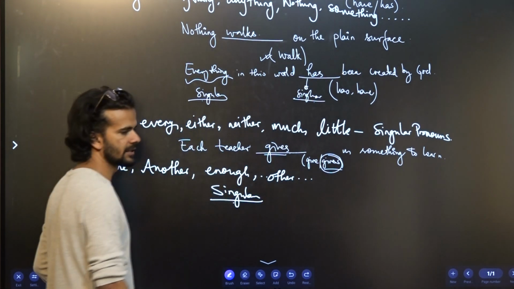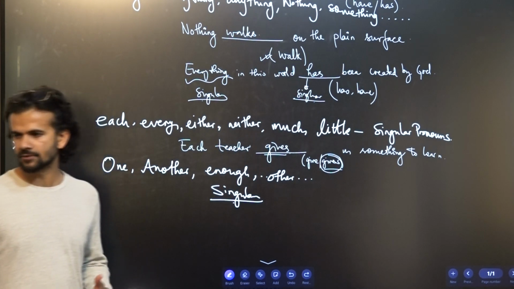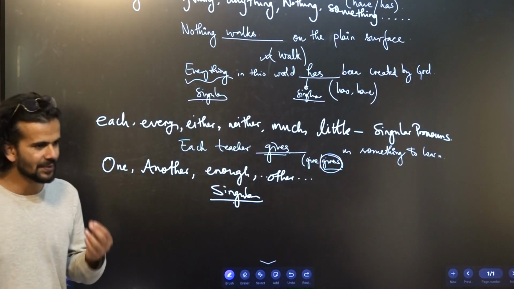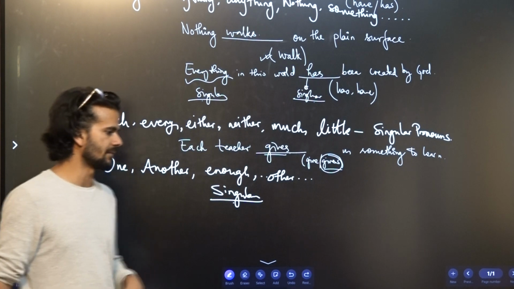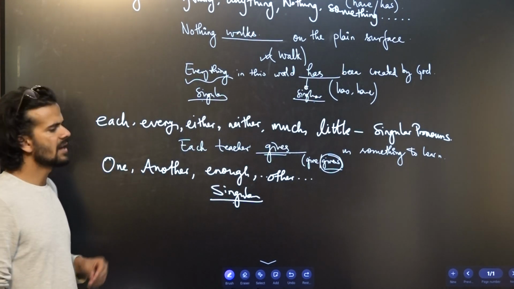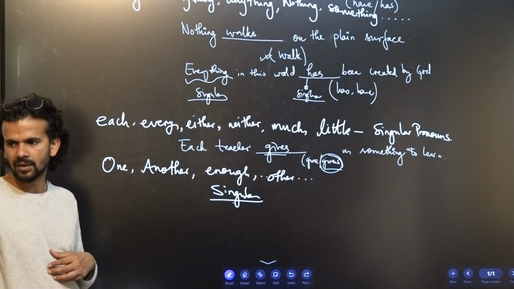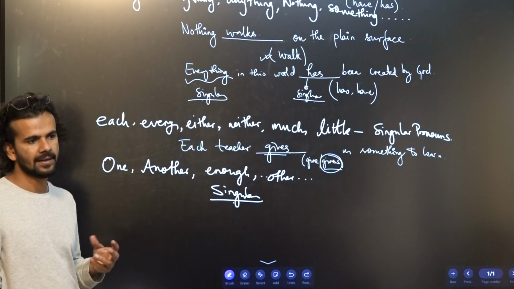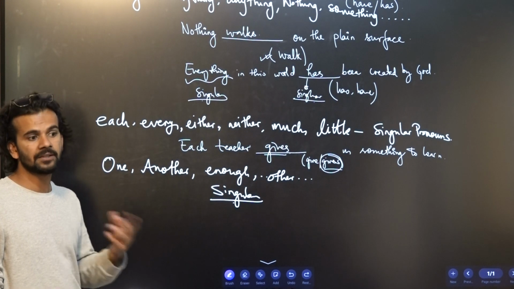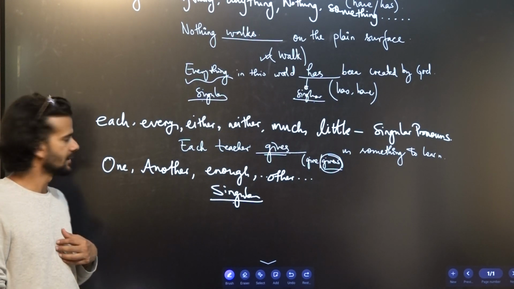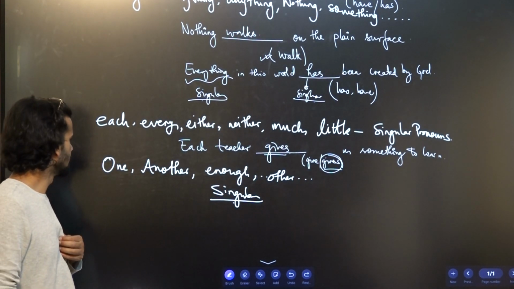Okay? For example, enough is enough. That's what we say, right? Enough is enough, not enough are enough. Another one is the better way. Another is the better way.